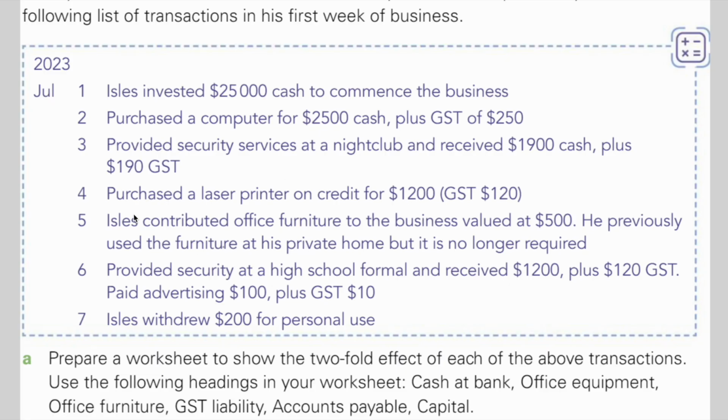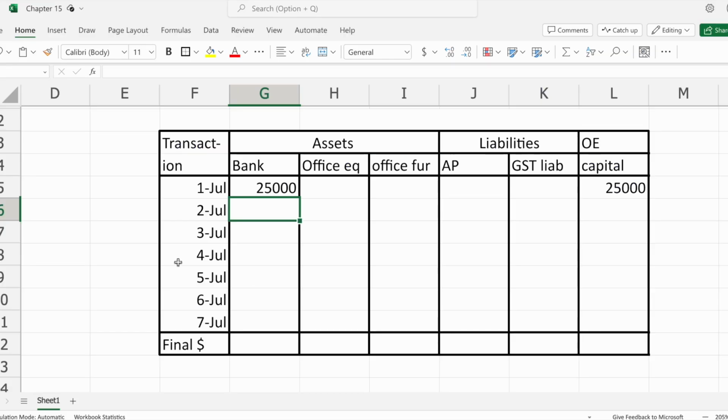So on the 2nd, Islis purchased a computer for 2,500 cash plus GST of 250. So, okay, we have a computer being purchased with cash.